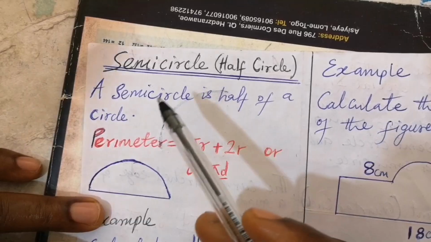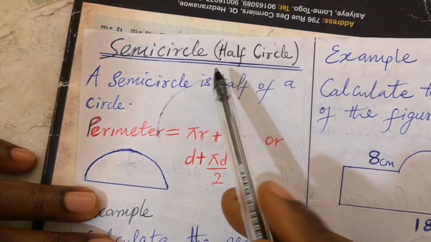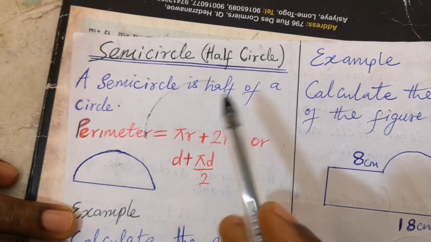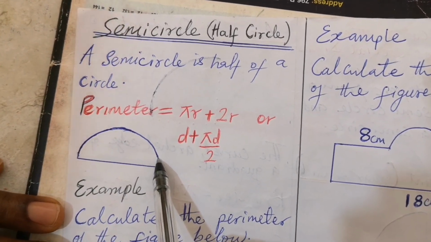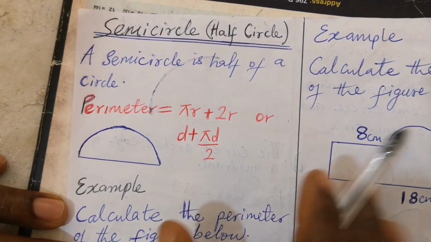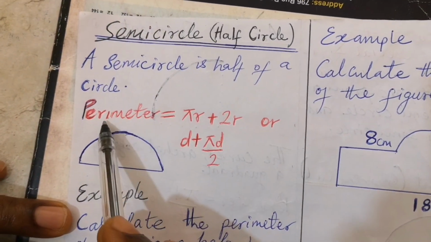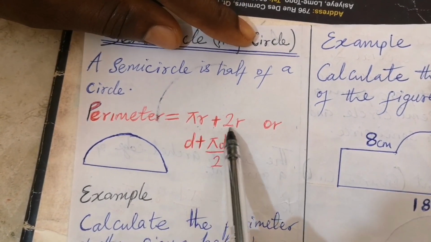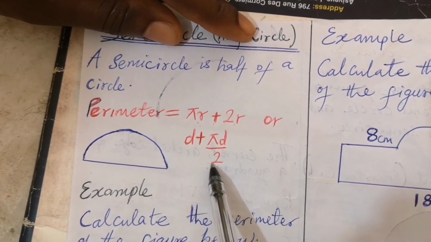So let's look at semicircle. Semicircle is also called half circle. So a semicircle is half of a circle. Look at what we call semicircle, something like this. Something like your protractor. Yes, the shape of a protractor is a semicircle. And the formula for calculating the perimeter of a semicircle is pi r plus 2r, or d plus pi d all over 2.